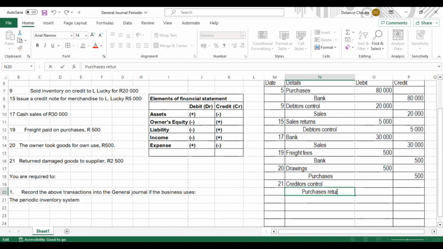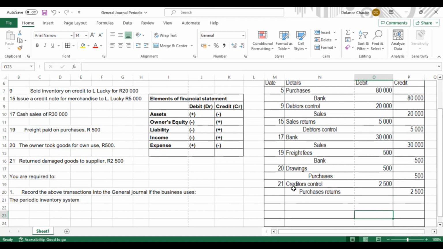Purchases returns there of how much? 2,500. Okay. So yeah, that's all.